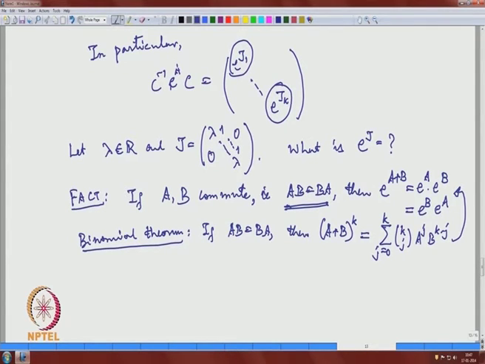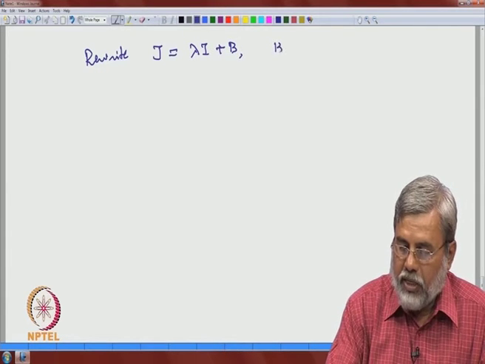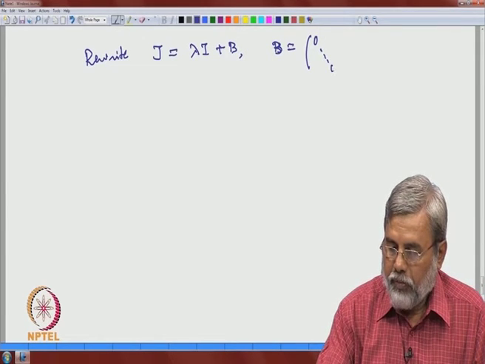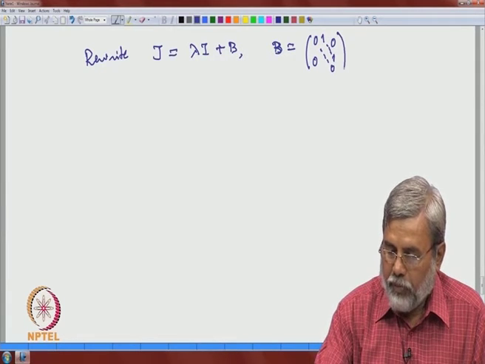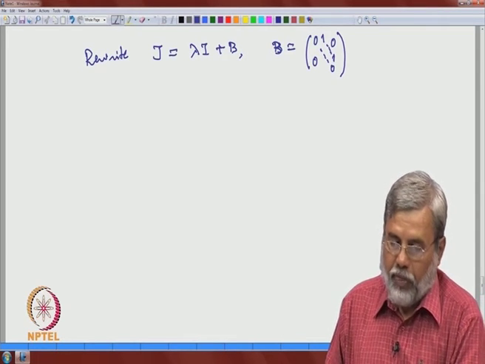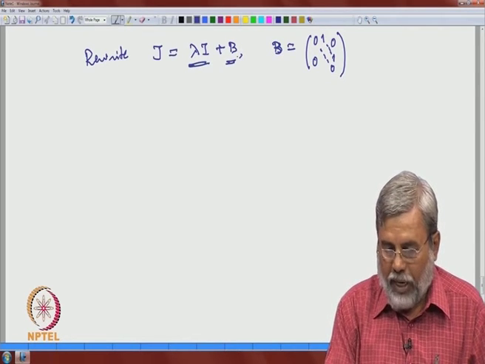Now we apply this to J. Rewrite J as lambda I plus B. So, B is this matrix, everywhere 0 except the super diagonal, which is all ones. Since this is identity, these two matrices commute.